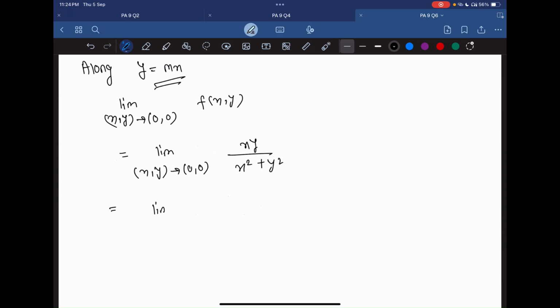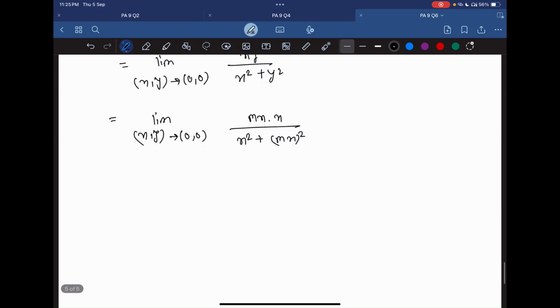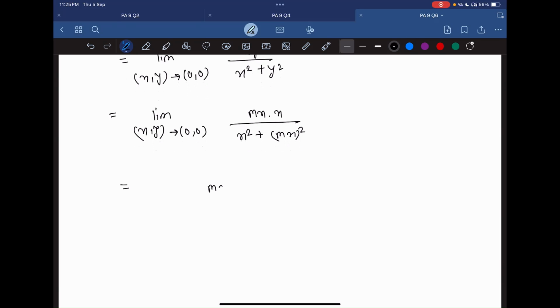So the limit as (x, y) tends to (0, 0) of mx times x divided by x square plus m square x square, and that is m x square by x square times (1 plus m square), with x tending to 0, and that is m by 1 plus m square.